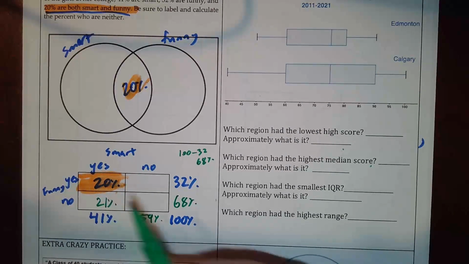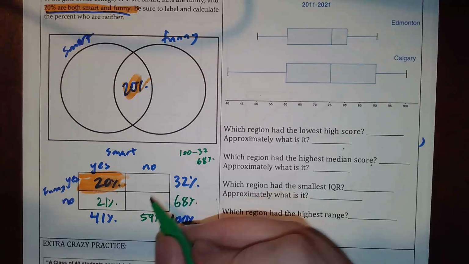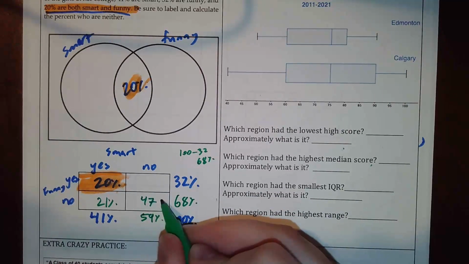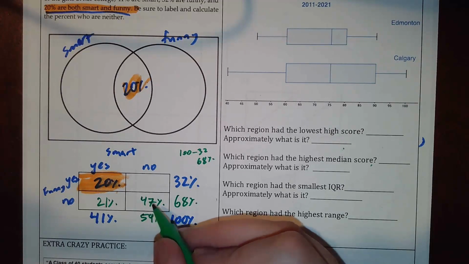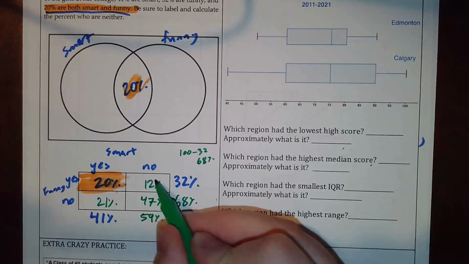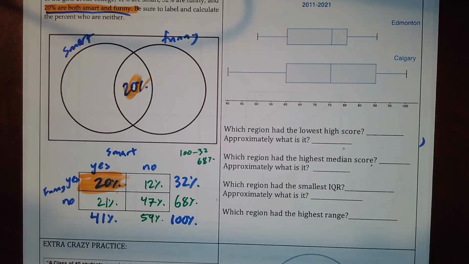This would have to be 21. And now if this is 21, and these add up to 68, I can do 68 minus 21. The answer is 47. And 59 minus 47, the answer is 12. Or I could have done 32 minus 20, and that gives us all of our answers.